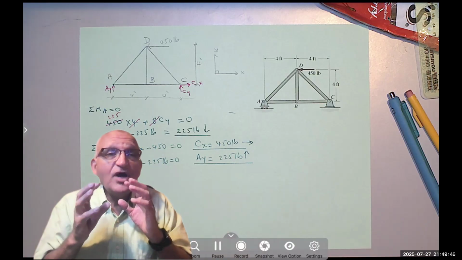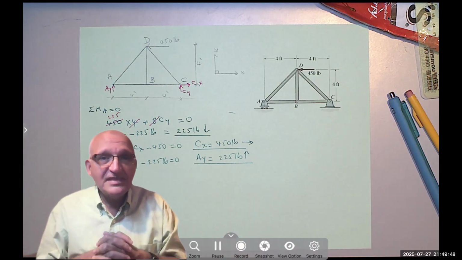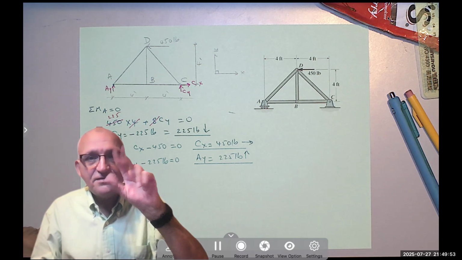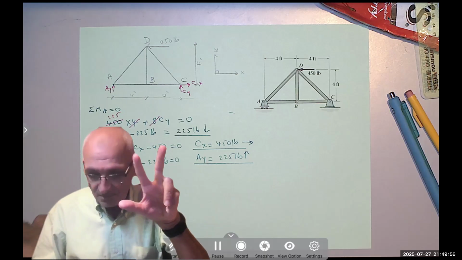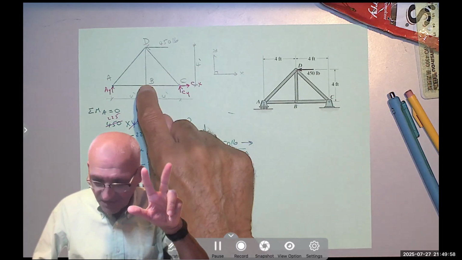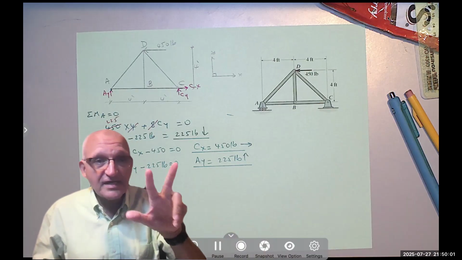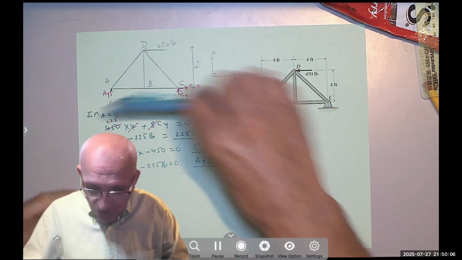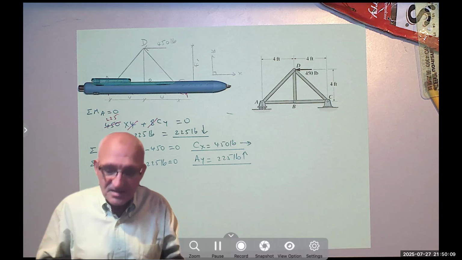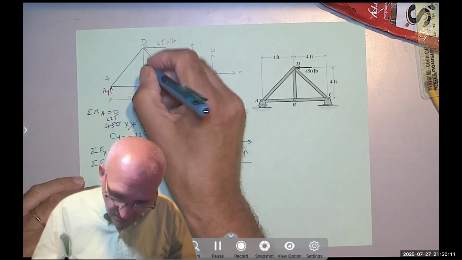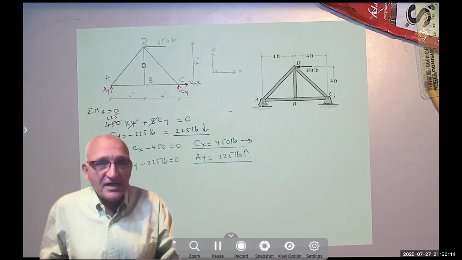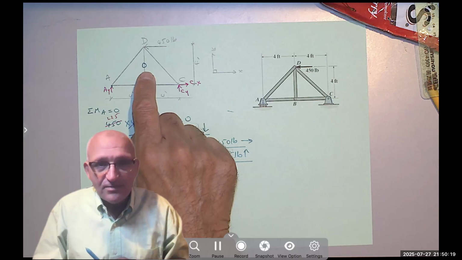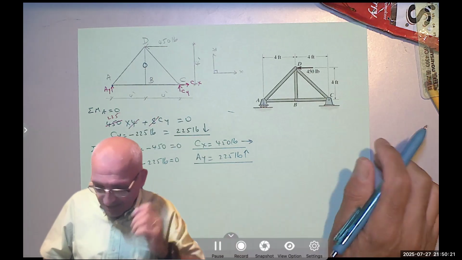Because if you have a joint that has three members connected to it, like here there are three, here there are three, and two of them are collinear, then the third one is a zero force member. We draw a zero like that. We'll explain it in more detail later, but that is a zero force member. I don't have to worry about it.